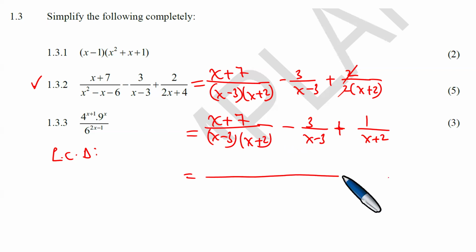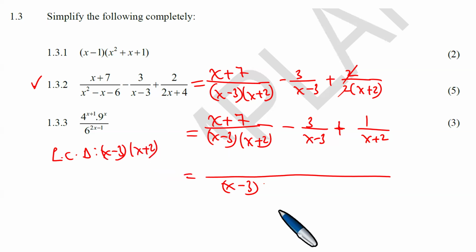And then you put a division like this. Now we've cancelled the 2. It was a common factor in the numerator and denominator. So clearly the LCD at this point is x minus 3, x plus 2. You divide this one by this, you get 1, and 1 times x plus 7 is x plus 7.